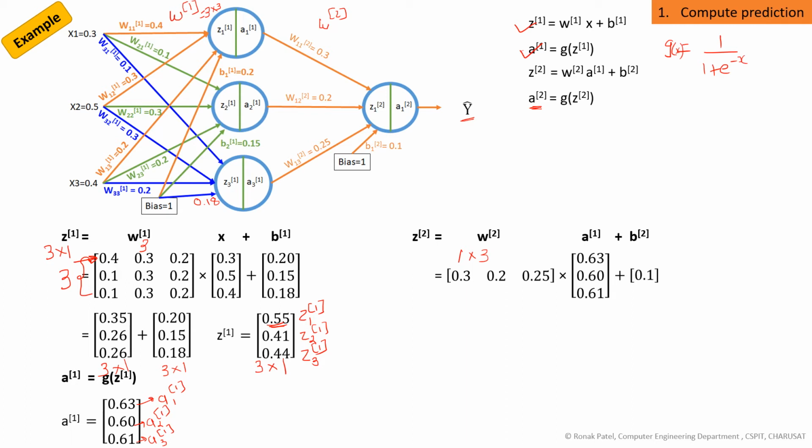At layer 2, how many neurons are there? Only one, right? So there will be only one row because there is only one neuron. Now to this neuron, how many weights are there? There are three weights: 0.3, 0.2 and 0.25.